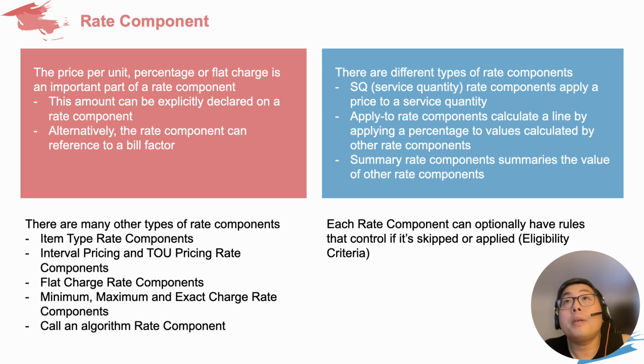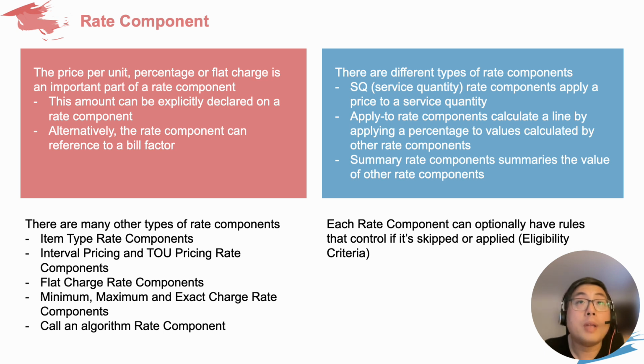Okay, second type is apply to. So basically, that applies a percentage to a value calculated in another rate component. Another one is the summary, which summarizes a set of calculated values. So these are very often used, I think, in most of the projects.